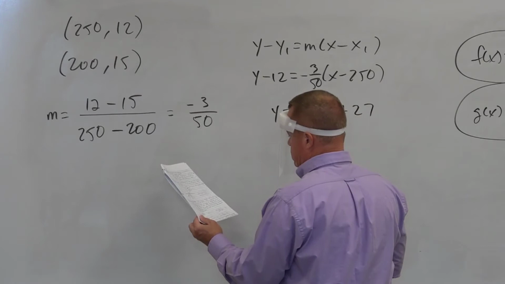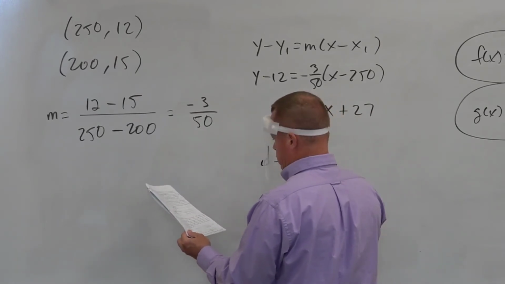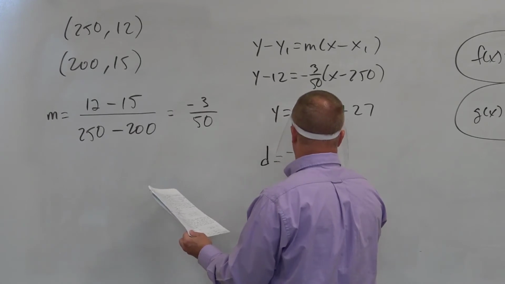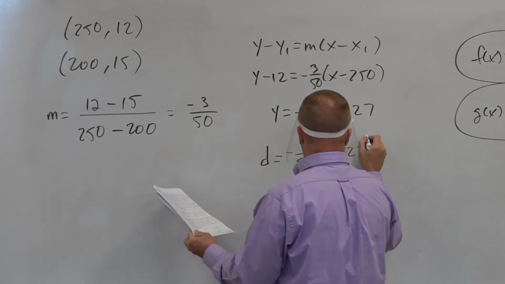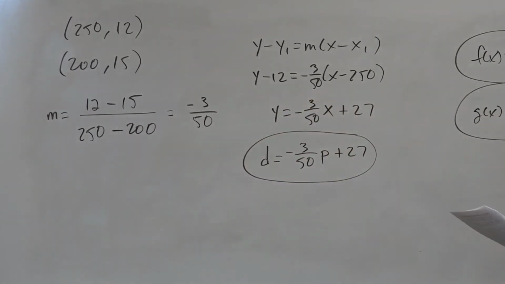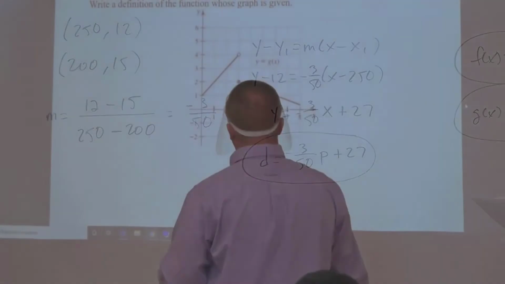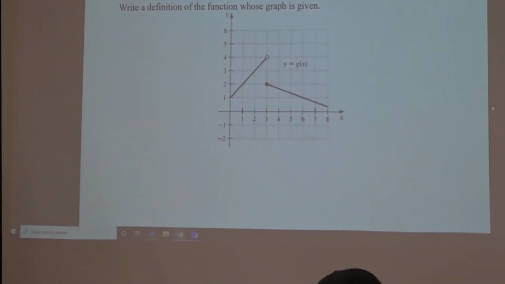So as far as the function goes, I can say the demand is equal to negative 3 over 50 times the price plus 27. So that would be my demand function. For what prices is the demand function defined?